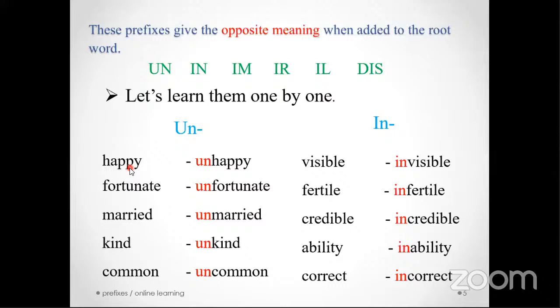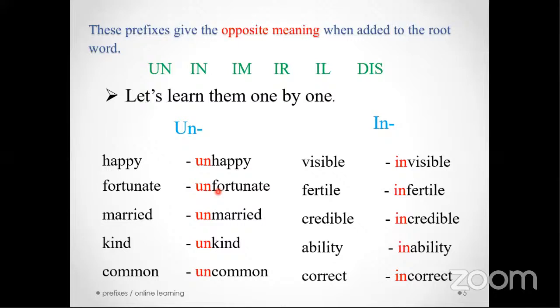Happy means satutu. With the prefix it becomes unhappy, the opposite meaning, asatutu. The next word is fortunate, with the prefix it gives us the opposite meaning unfortunate.